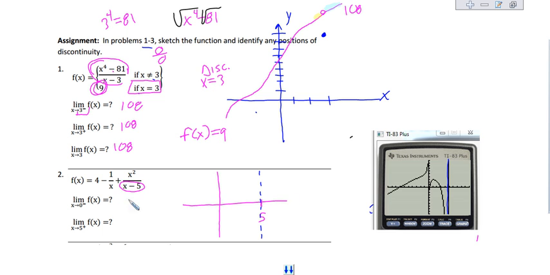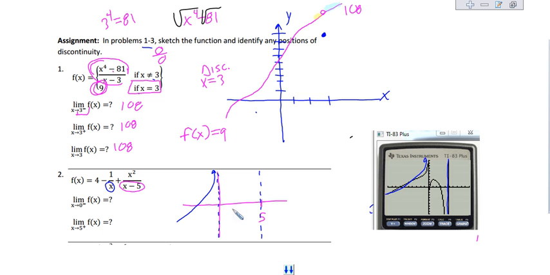And what's the other spot that would cause the denominator to go to 0? Well, that's when x equals 0. It's kind of hard to see this, but we also have an asymptote right at 0. And you can see right here that the function looks like it starts to approach infinity as we get to 0 from the left.